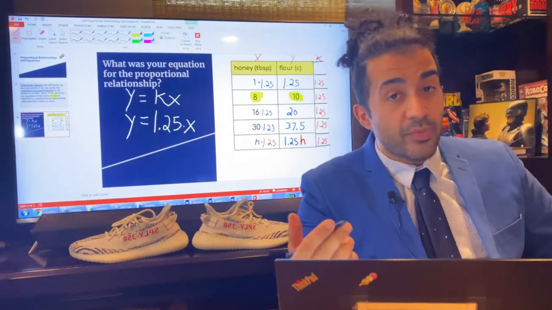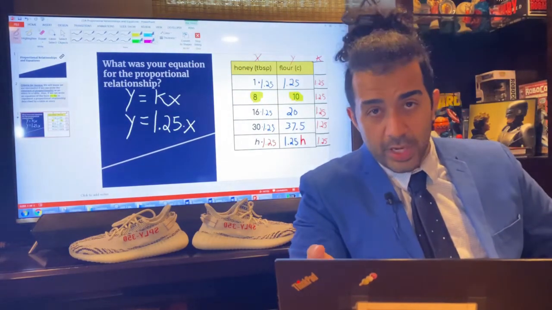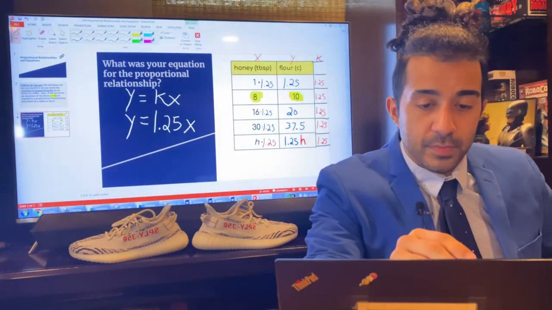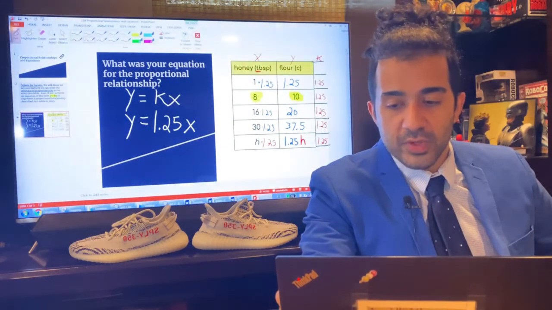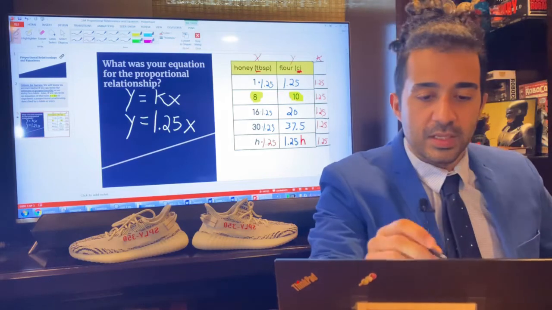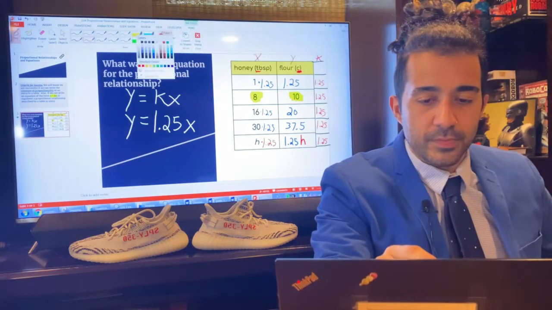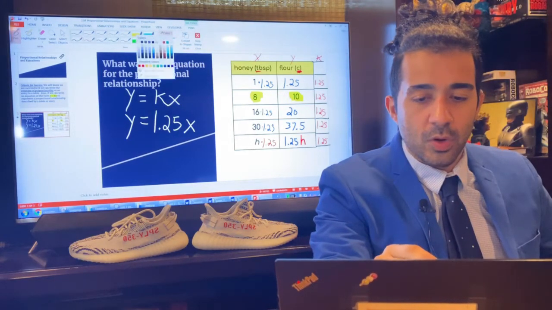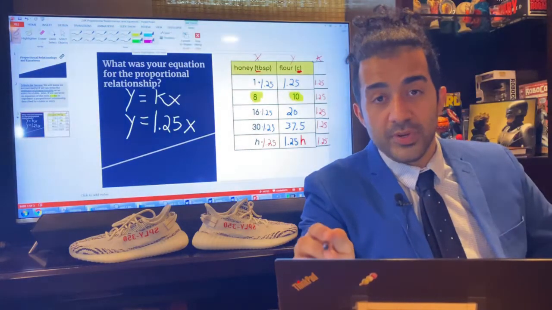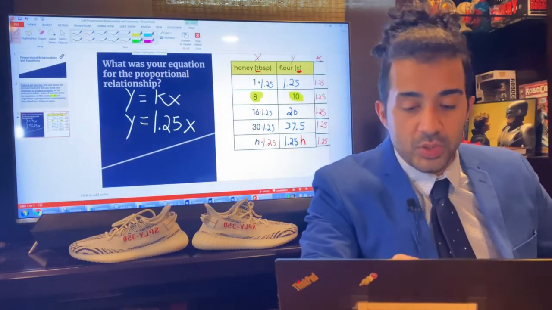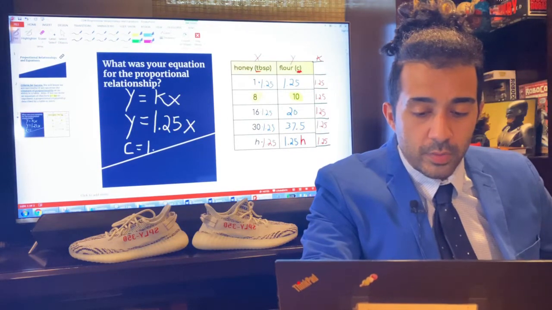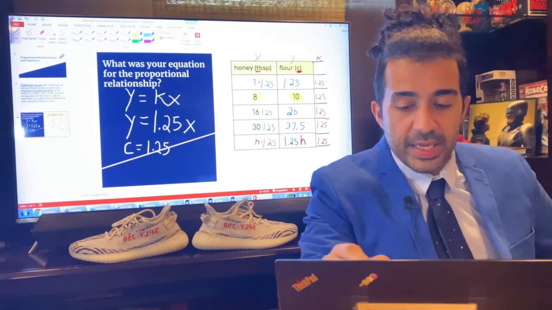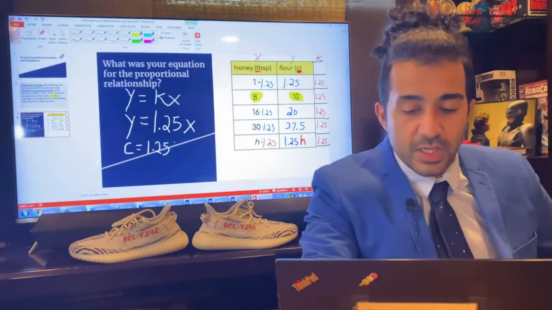To take it a step further, we can rewrite this equation using an abbreviation, a variable that represents the columns that we were using. So now, y represented flour, and they use C for cups. I can rewrite this as C equals 1.25, and x, we'll use T for tablespoons.